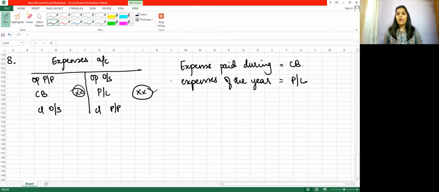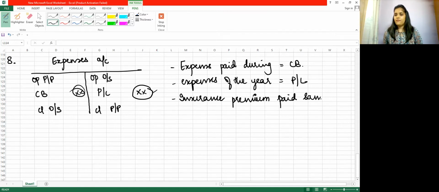Okay, now the last one in expenses, a difficult adjustment that may arise, is if they say insurance premium paid same every year. Every year. So what does this mean?